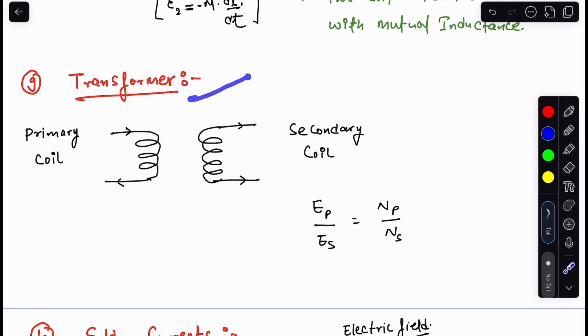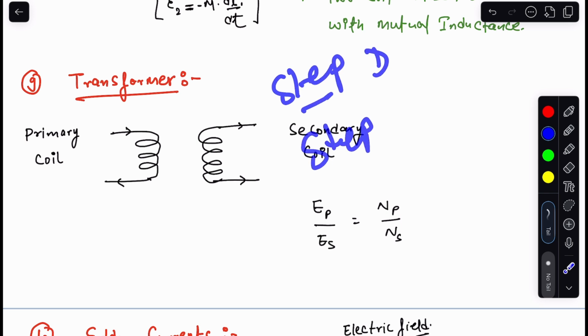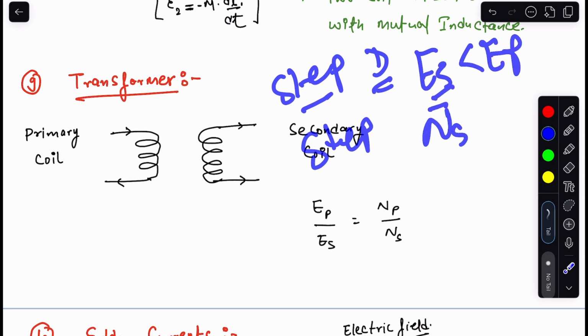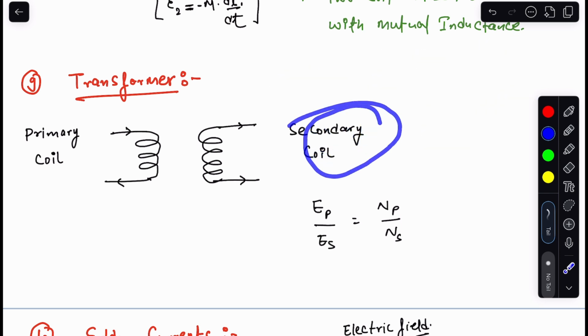On that basis we can divide transformers into two categories: step down and step up. For the step down I will have less ES compared to EP, so NS will be lesser than NP, and this is reversed in the step up transformer.